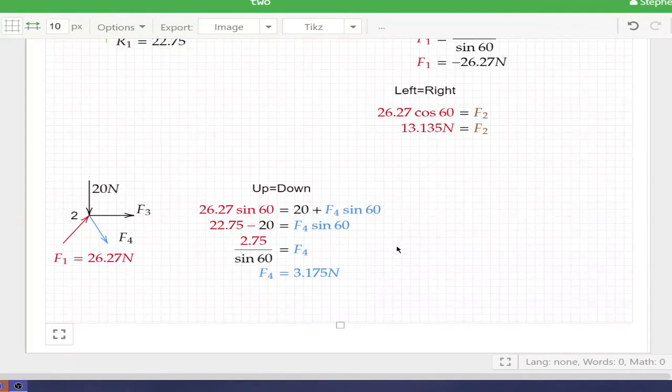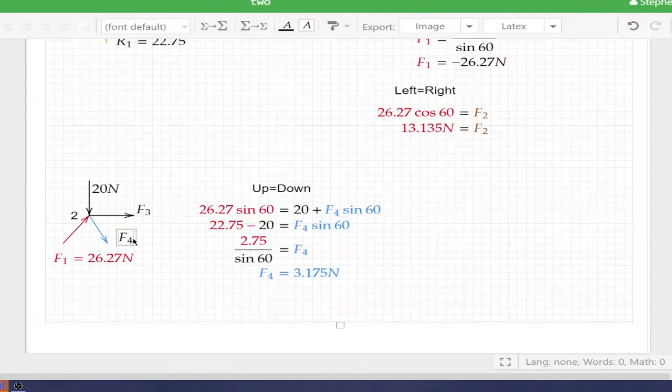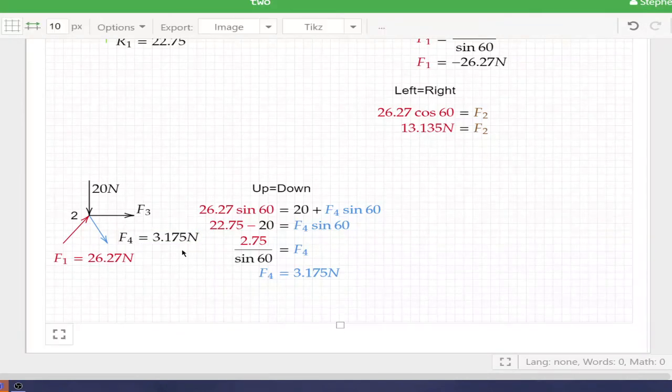So that's F4, so let's just fill that in and say equals 3.175 newtons. Okay, and that's in tension because it's not a minus sign, so that is still moving away. And then finally we've got force 3.